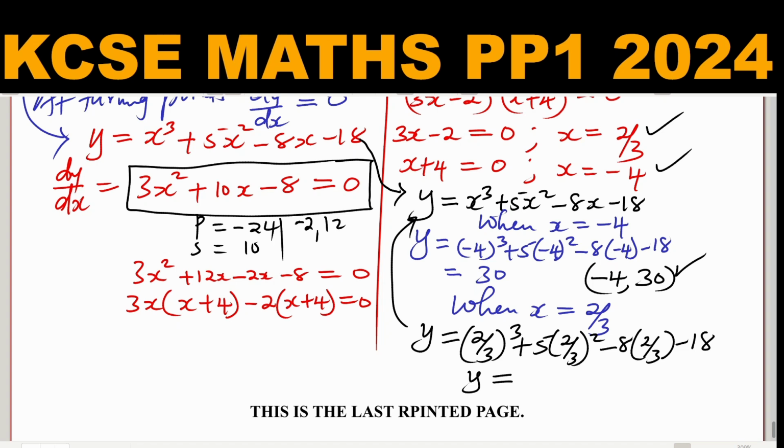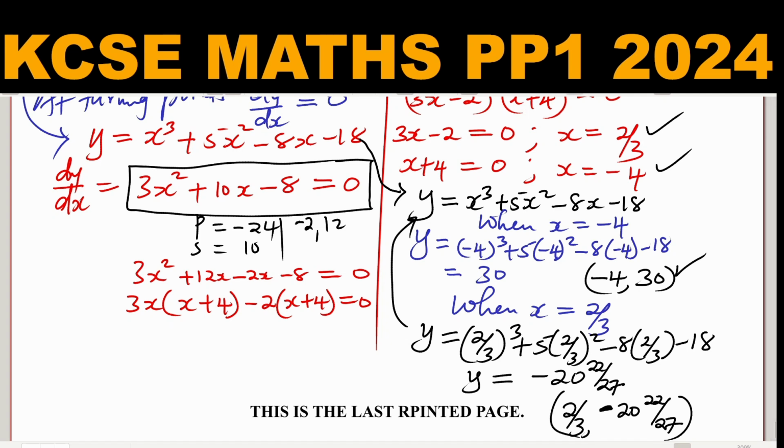Avoid the decimals. Use fractions using a calculator. This one will give negative 20 and 22 divided by 27. So the other turning point is when x is 2/3, y is negative 20 and 22 divided by 27.